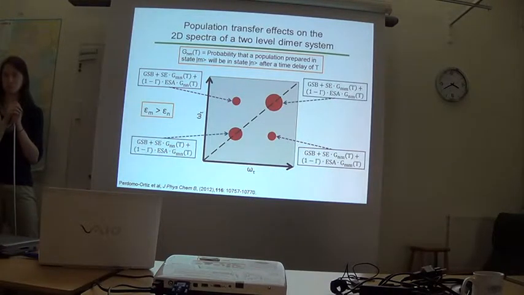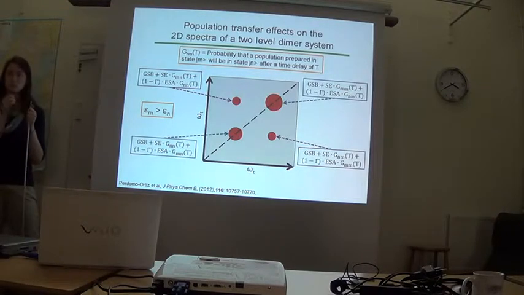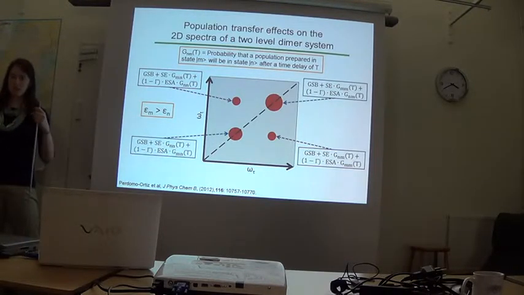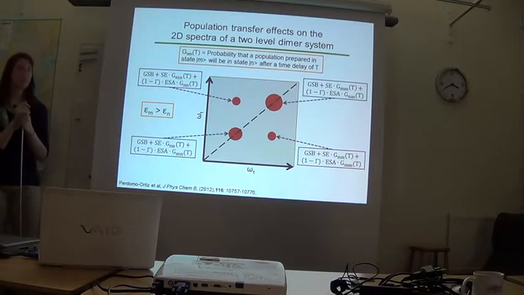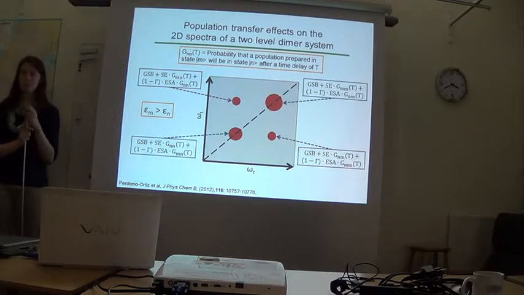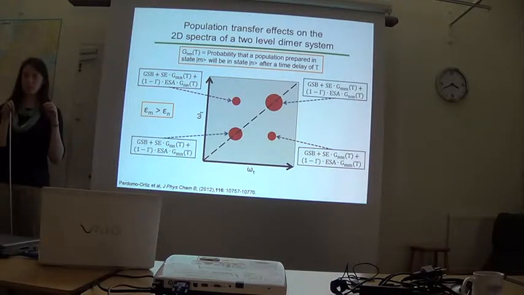Can I just ask, why is the two-exciton state quenched? So they can annihilate each other. Oh, okay. So it is not a doubly excited state, it's two excitons.